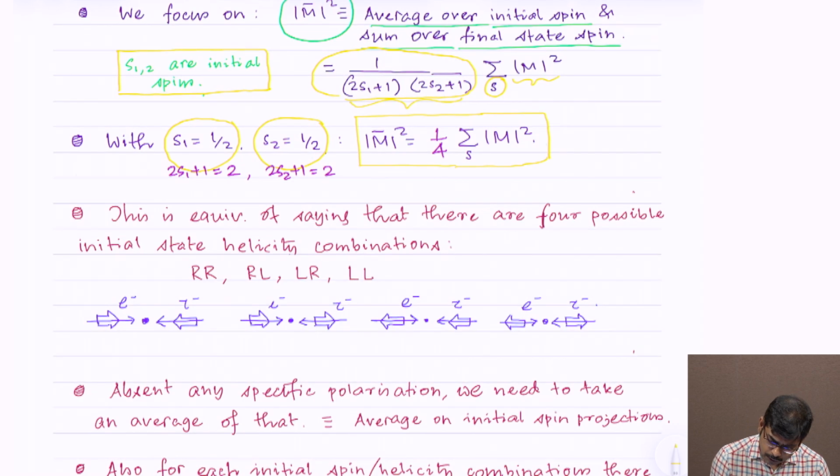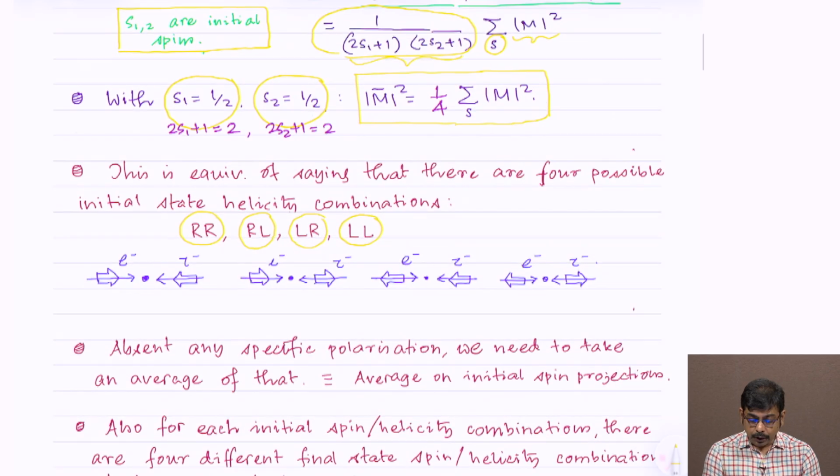Left helicity is the one where the spin is aligned opposite to the momenta. So, the electron-tau combinations will involve 4 helicity combinations: RR, where both are right handed, RL, LR, and both left handed.